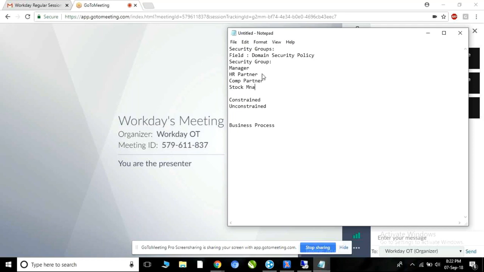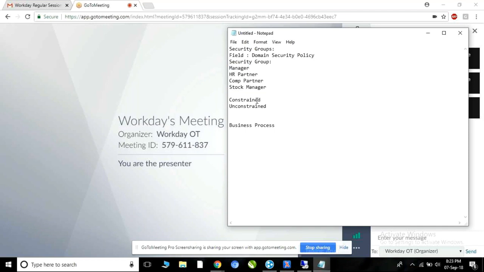Let's take an example that initially they are of type constrained. Now, what will that mean? If I have created 100 supervisory organizations, these 4 security groups will be available for all those 100 organizations, and any person can take up that role in that organization.